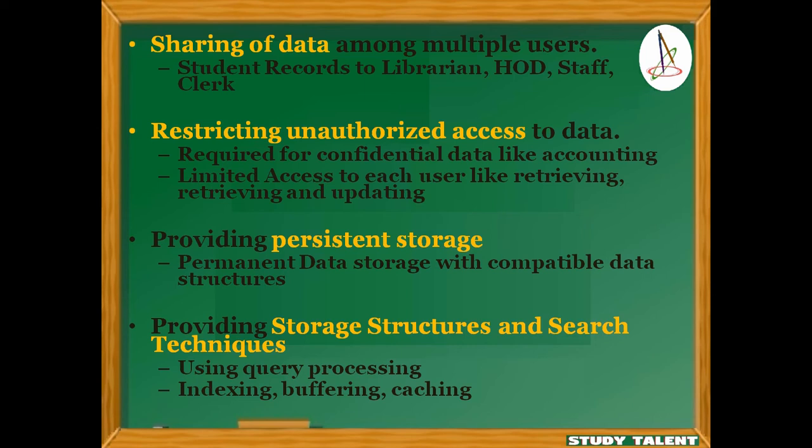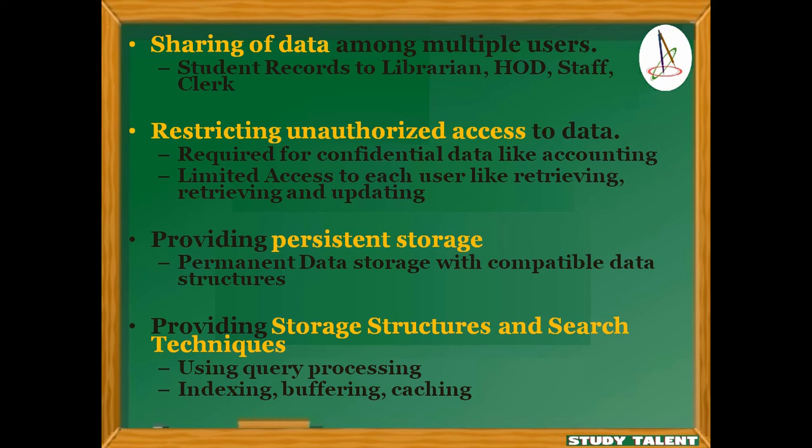Indexing is similar to your books. In books we have an index of our different chapters. In the same way, in our DBMS the database consists of indexing. So that indexing will be provided for easy search. The next concept is buffering and caching.